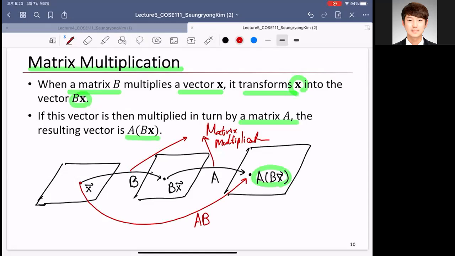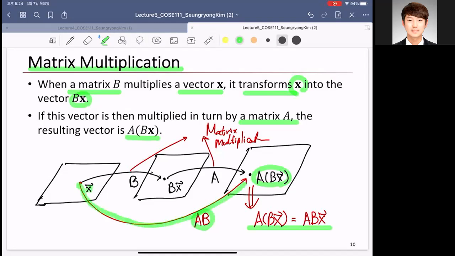So we can just say that A(BX) is going to be ABX. In other words, if we consider the two linear transformations sequentially, there is another linear transformation AB that directly transforms vector X to this space.